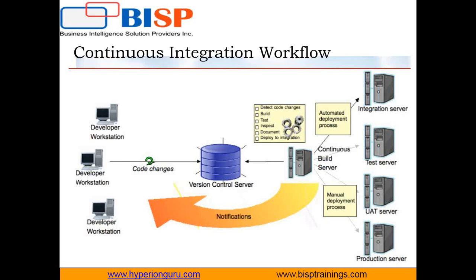Implementing infrastructure and release automation enables end-to-end automation and allows provisioning and deploying the application package on all the servers with the click of a button. So this is the complete workflow of a CI.